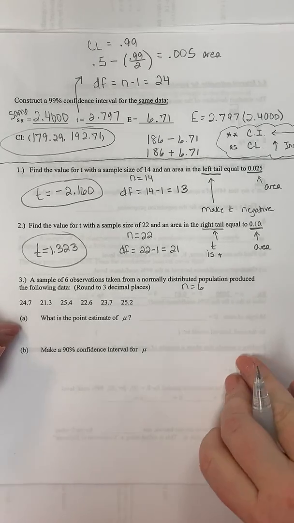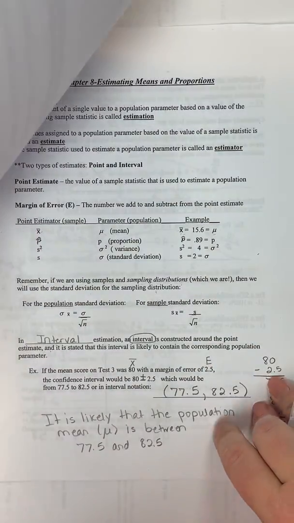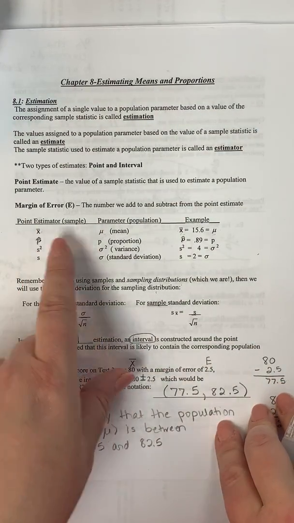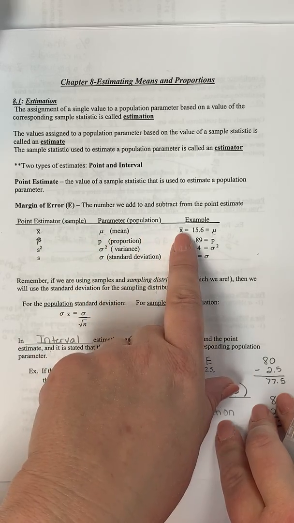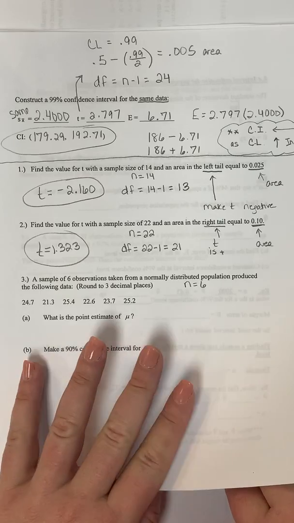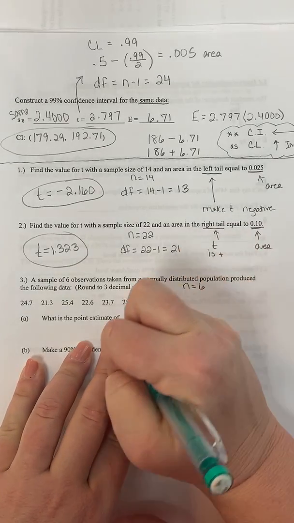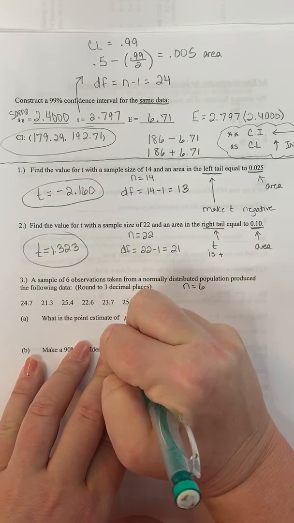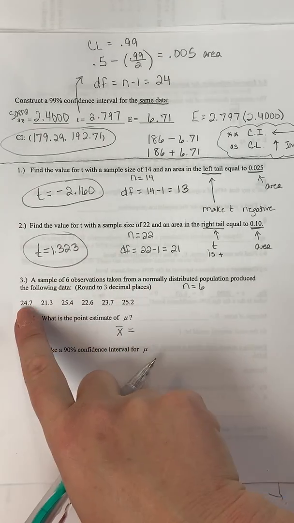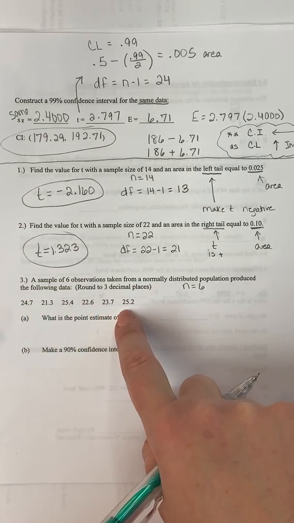Well, that was way back on the first page. What is the point estimate of mu? X bar. So the point estimate of mu is X bar. That's what we're trying to find. I don't have that, but I do have 6 values.